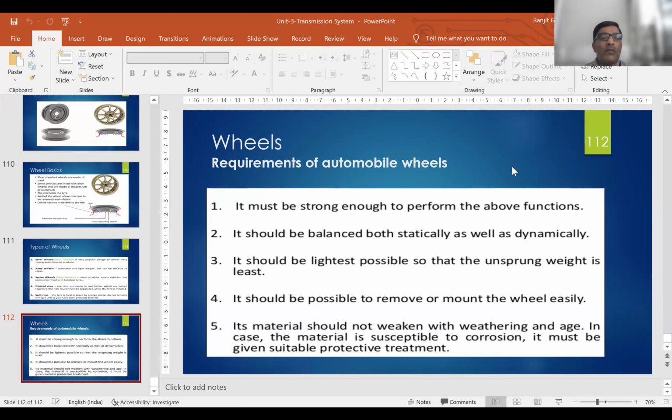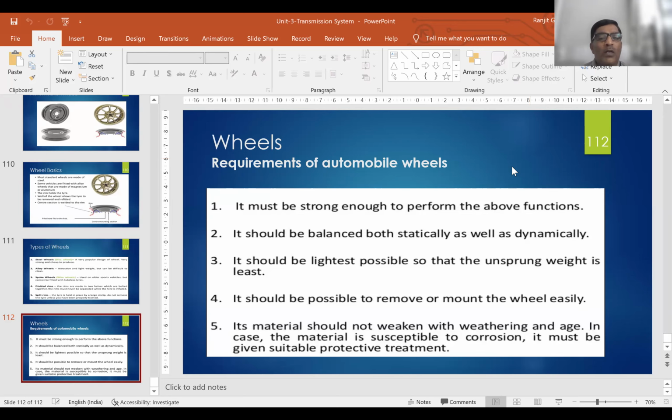It is also required to provide directional stability when going straight ahead. So even though we are not having a hand on the steering, it has to have directional stability whenever going straight ahead. So that is the function of the steering system.